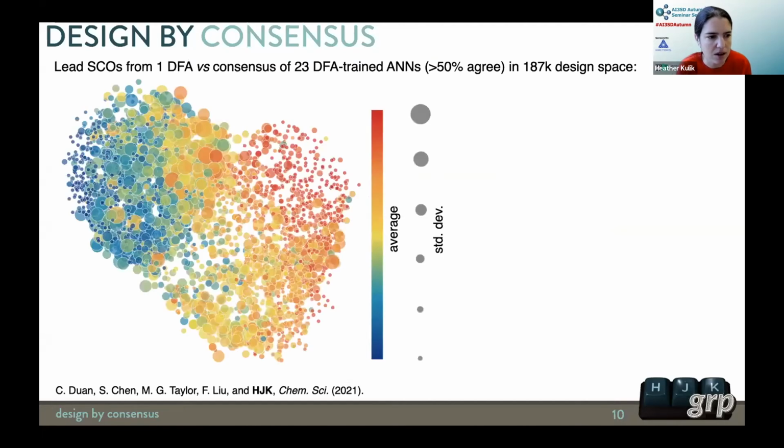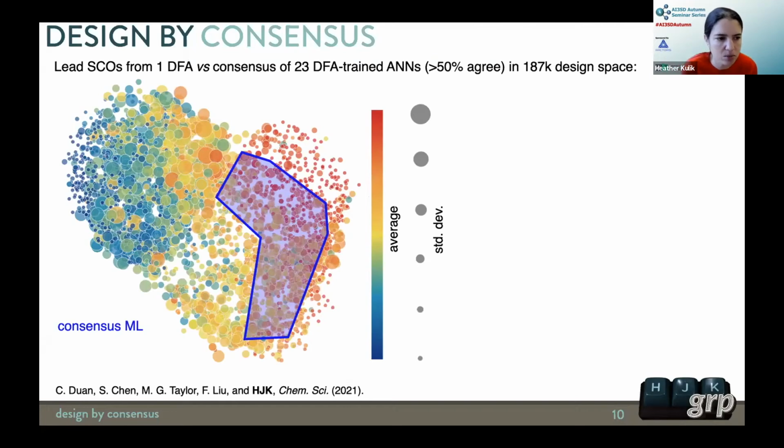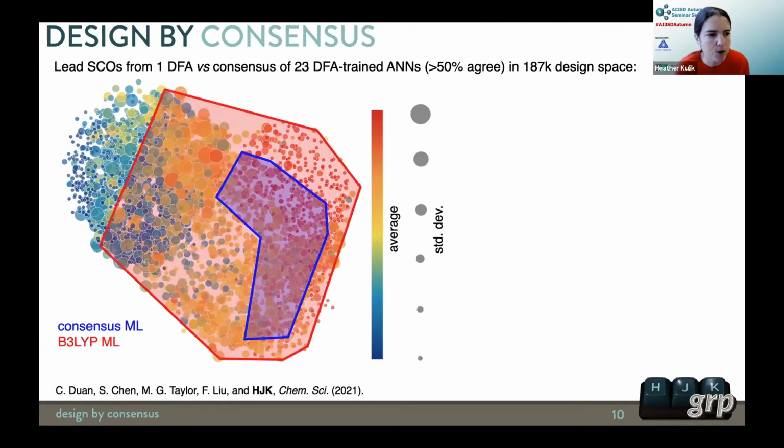And so this is again the latent space coloring this 187,000 design space. And so this is the region that our consensus approach picks out as our candidate materials. If we instead chose a single ML model, we would get a much larger space than we get from the consensus approach, because it takes more to get the consensus.